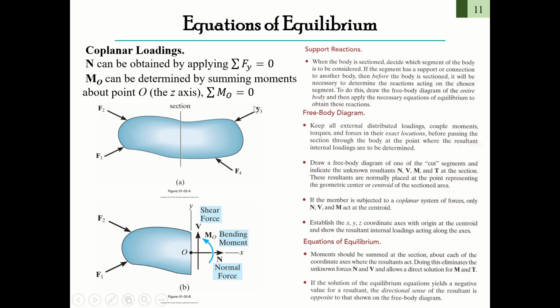That is the coplanar. Okay, coplanar load, and the MO can be determined by summation of moments about the point O. Okay, point O. Summation MO equal to 0. That you have to consider.